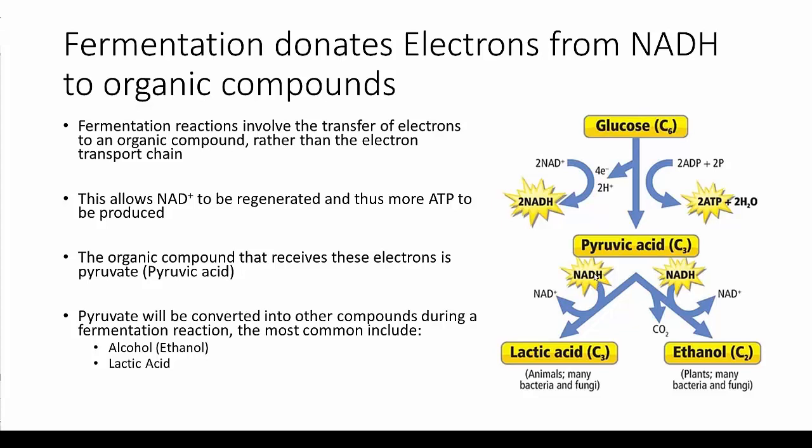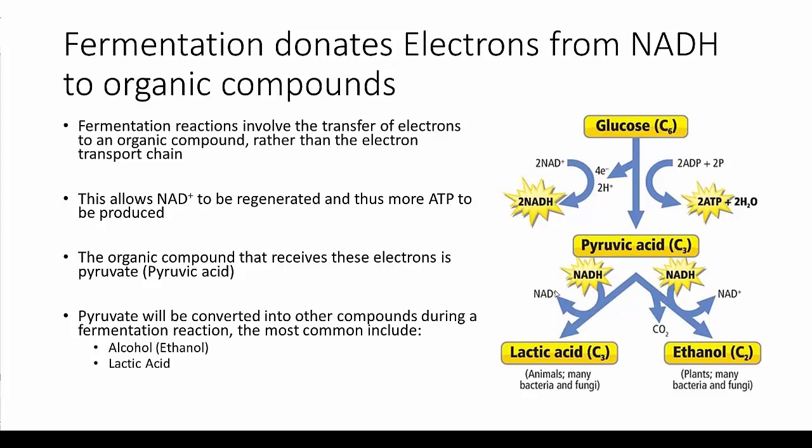So pyruvic acid can essentially receive these subatomic particles, electrons and protons, and be converted into a different product in the process. In other words, pyruvic acid is reduced, meaning it gains electrons. And in the process, NADH is oxidized back into NAD+.